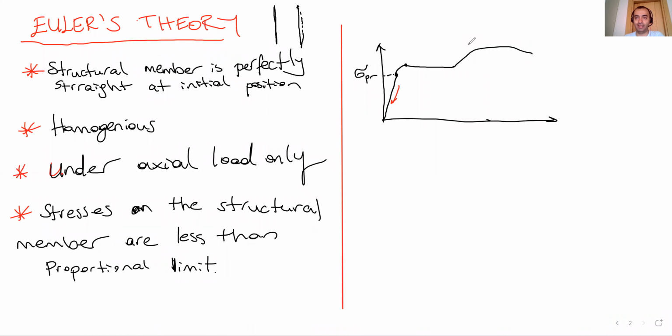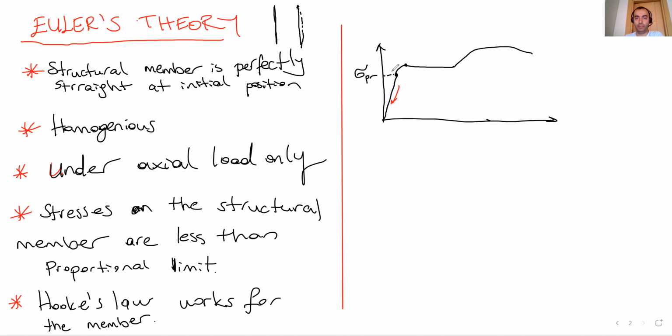So in the next assumption, I will say this assumption again: Hooke's law works for the member.